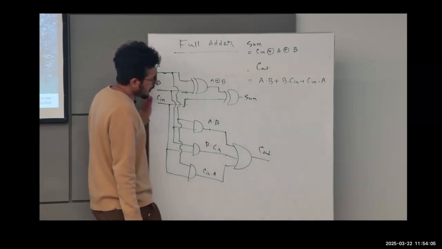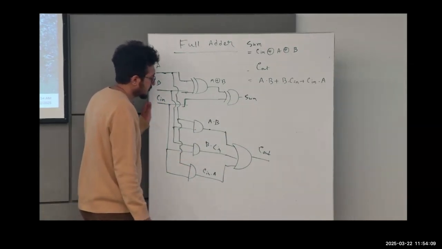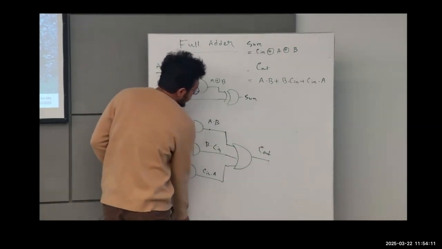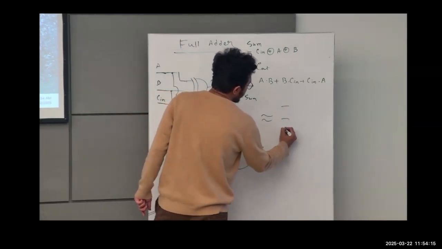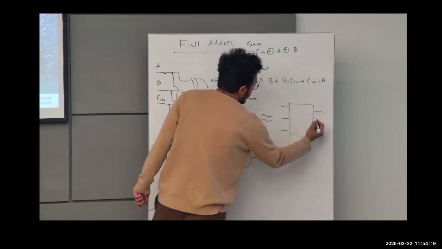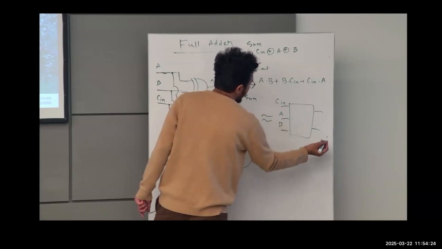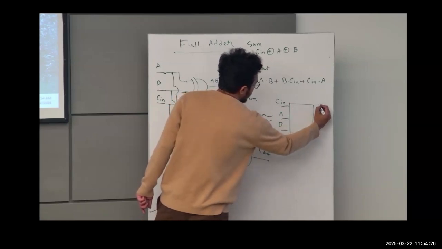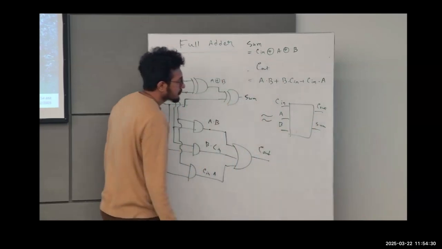So if we have one of these full adder blocks, this basically represents a full adder block, which has 3 inputs and 2 outputs, right? What are the 3 inputs? Carry in, A and B, and we have 2 outputs: carry out and sum.